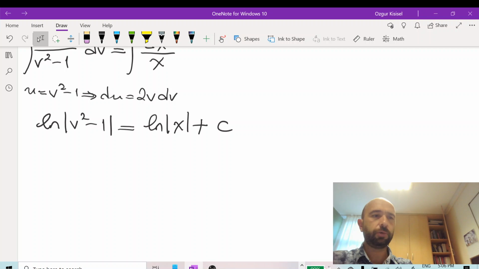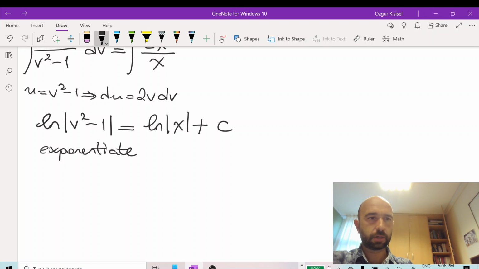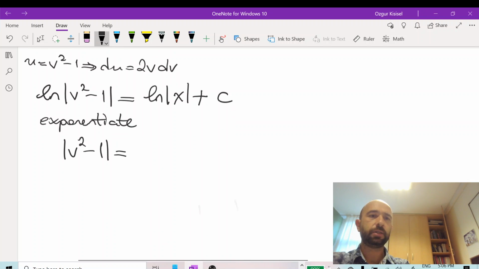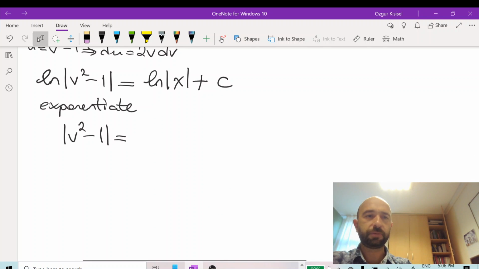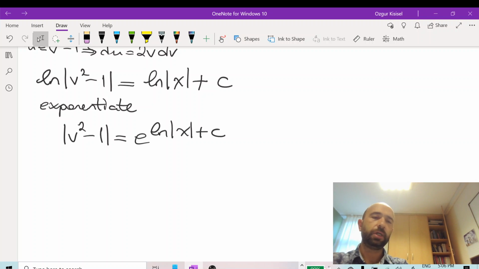Now exponentiate both sides, and on the left we just get rid of the ln. On the right, let me first write it like this: ln absolute x plus c.